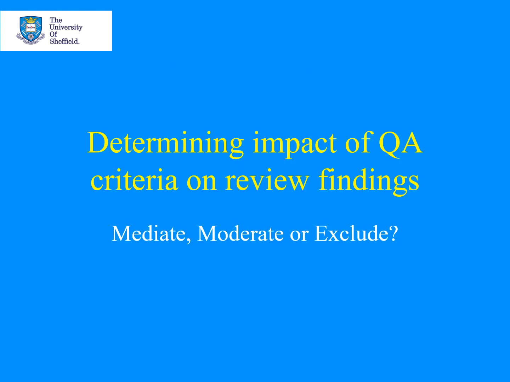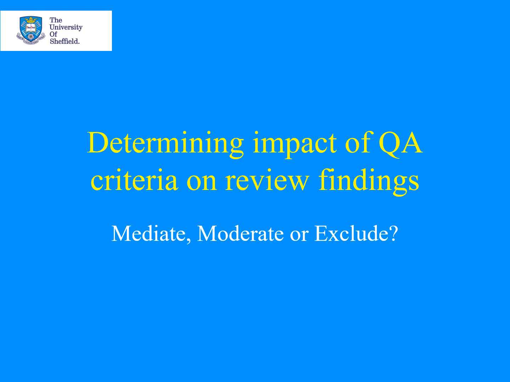So having identified some of these major forms of bias, what can we do following the process of quality assessment? Well, we have a number of alternatives, a bit like the program SNOG, marry or avoid. We have mediate, moderate or exclude.